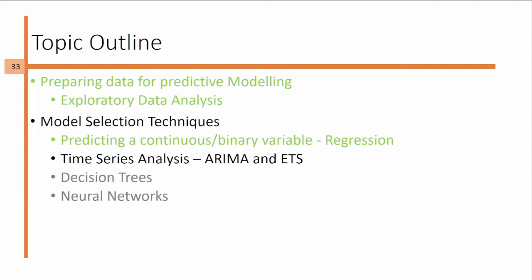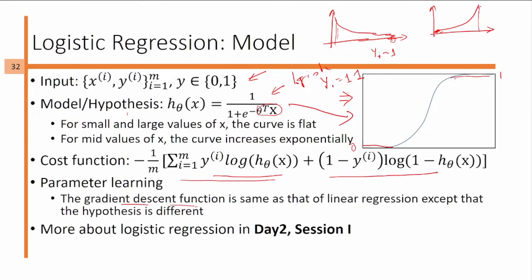Excuse me, sir. Sorry for interrupting, but I had a small question about the previous slide. It could be a very naive question, but as you said, it can only take values between 0 and 1. Does the graph also suggest that it can take any value between 0 and 1, including 0 and 1? Yes, there will be a probability function which says if your hypothesis is greater than 0.5, then you predict it as 1.